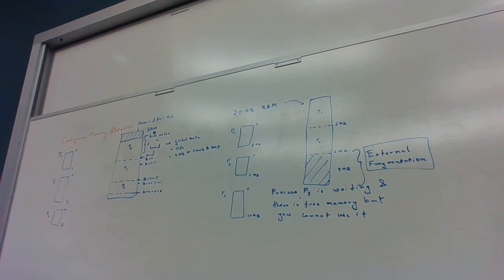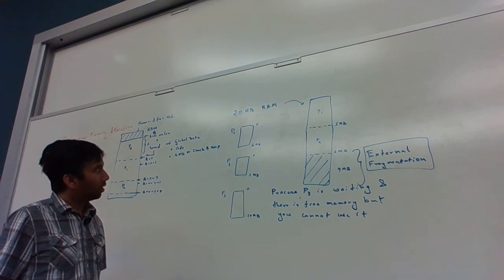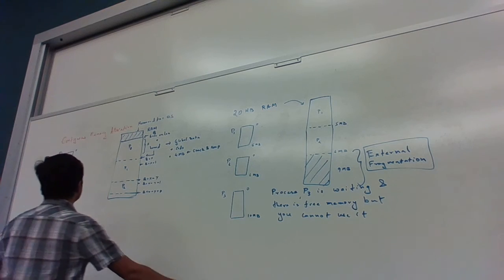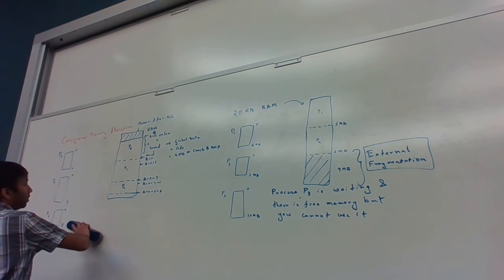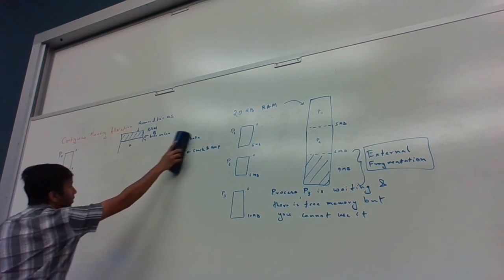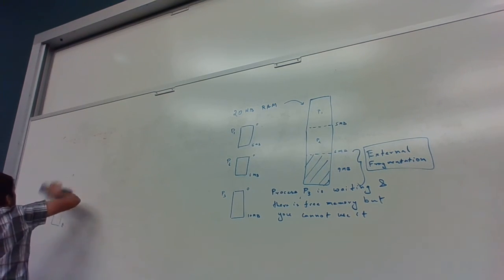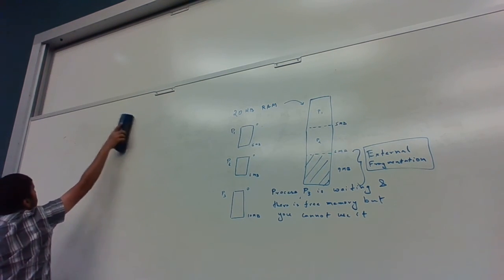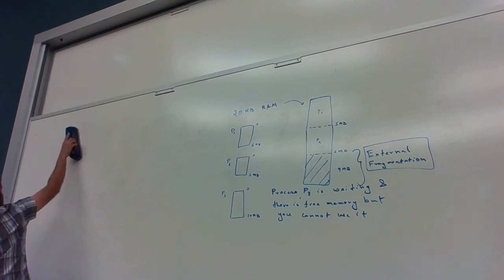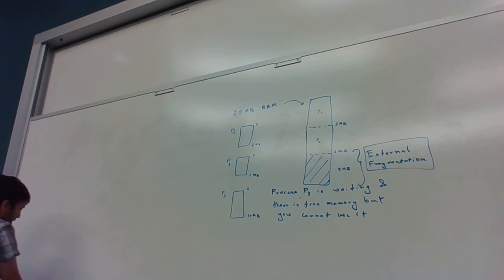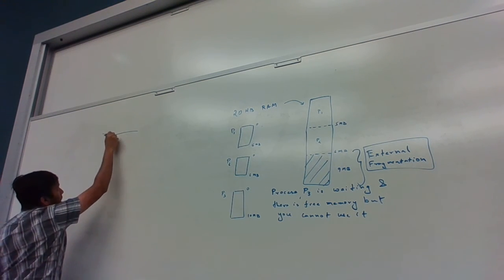There is another form of external fragmentation. What is the other form? Let's consider another scenario. You have that same 20 MB RAM.